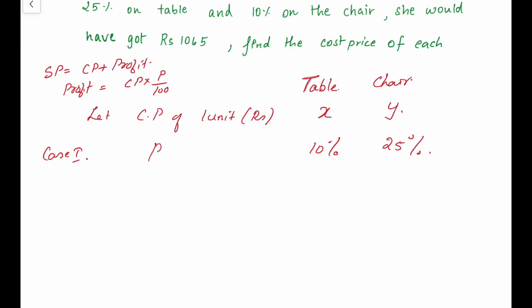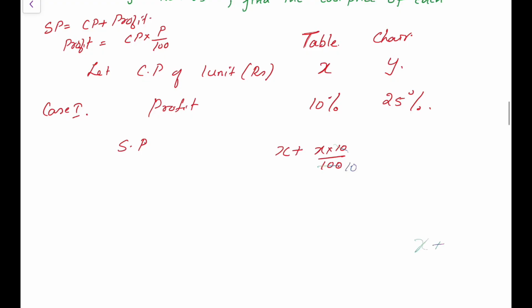So the selling price of the table will be x plus the profit, and profit will be cost price into P by 100, so x into 10 by 100. Listen, this 10: x plus x by 10.